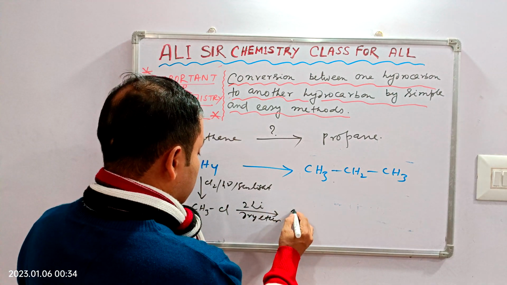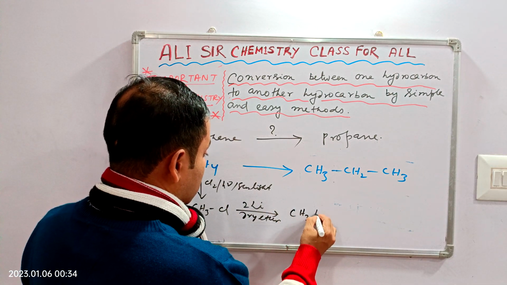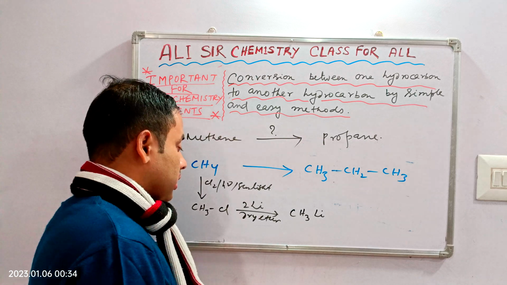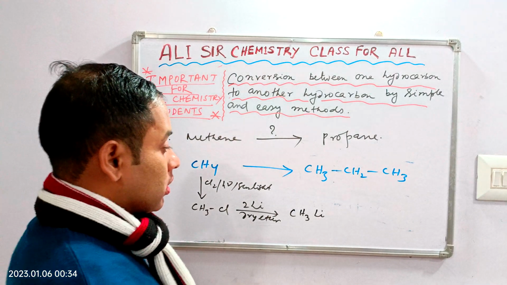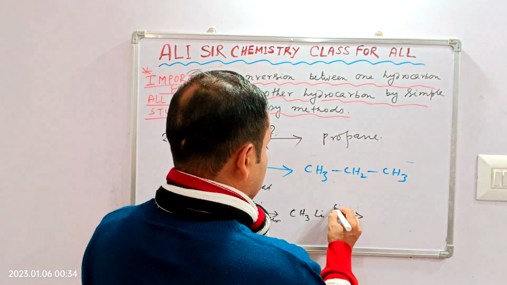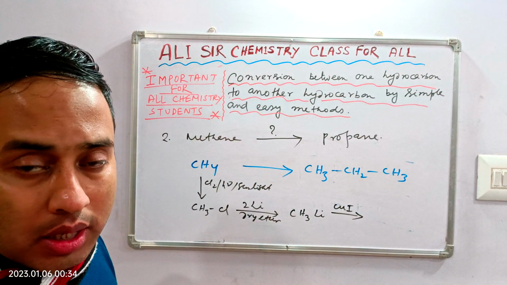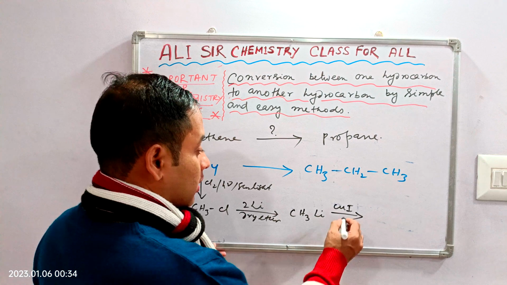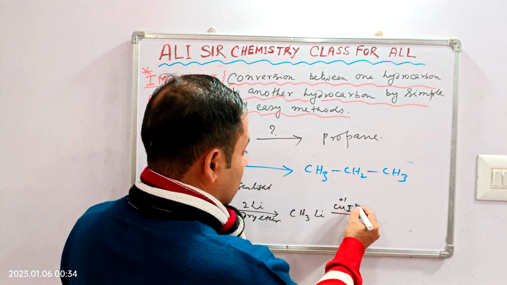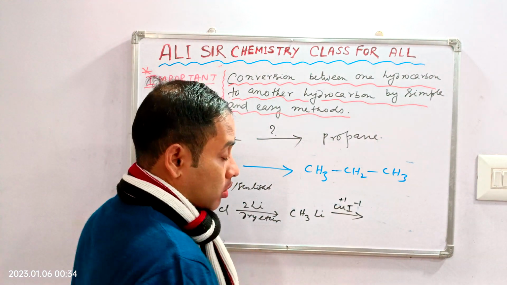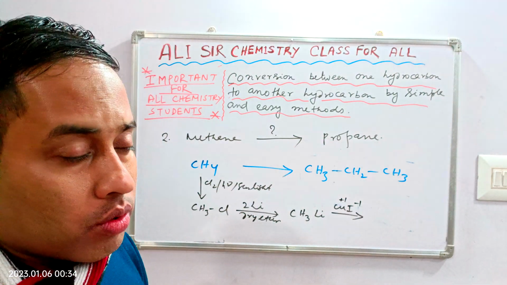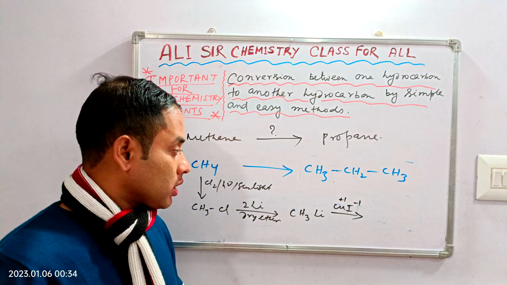We get CH3Li, methyl lithium. And then you use CuI, which is called cuprous iodide. Here the valency of copper is +1 and iodine is -1. +1 means cuprous and +2 means cupric. So this is cuprous iodide.